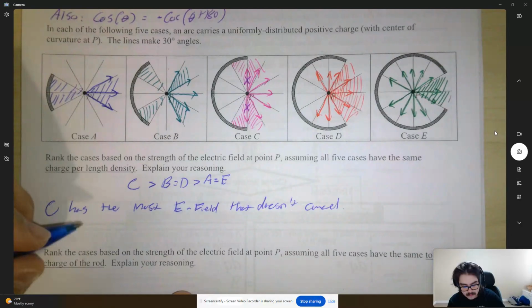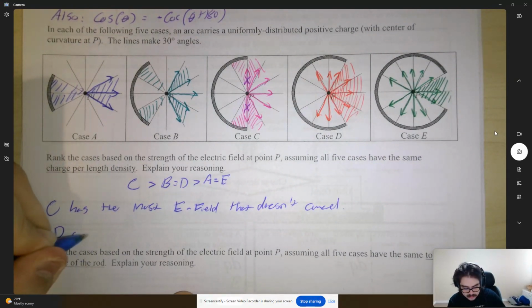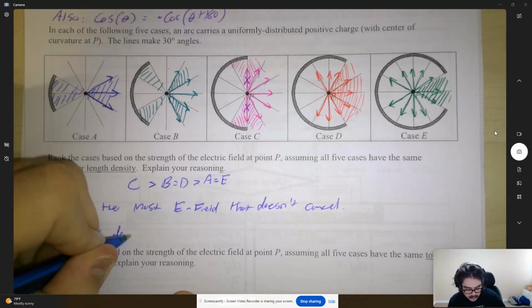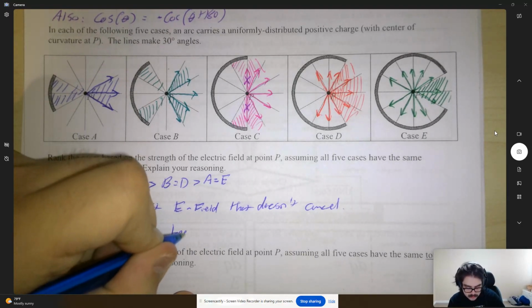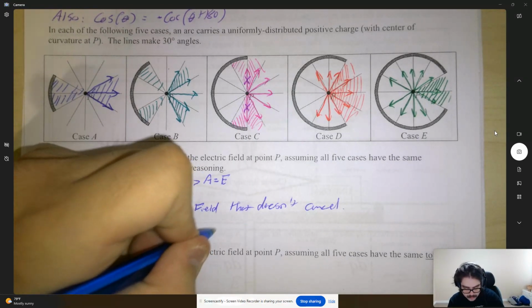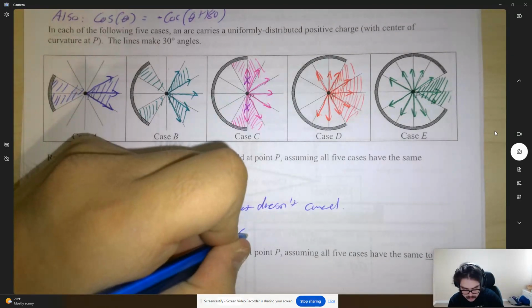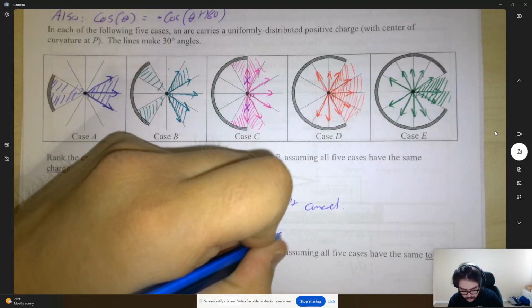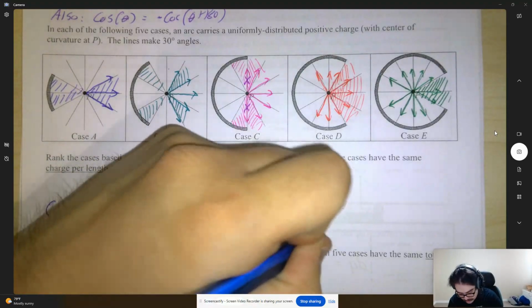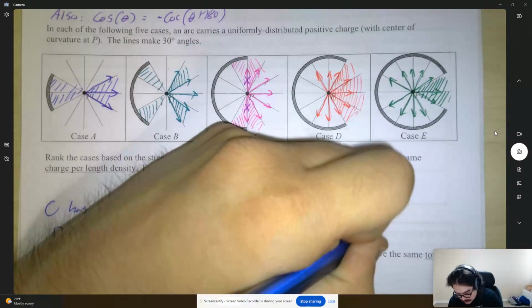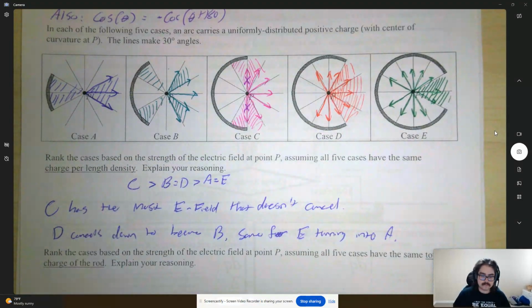And then D cancels down to become B. Same for E turning into A.